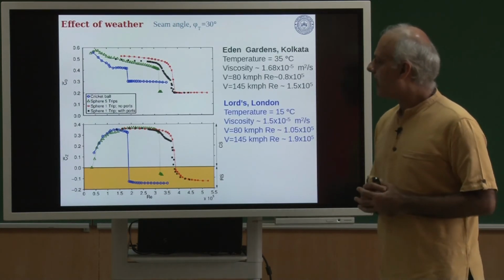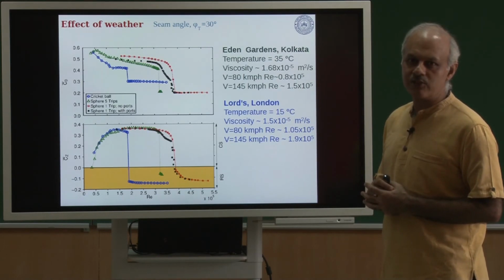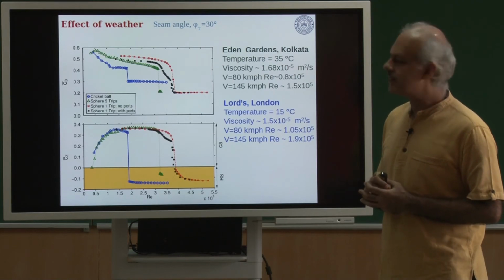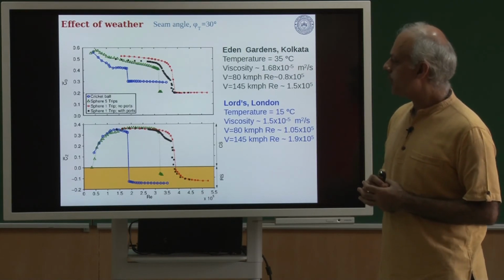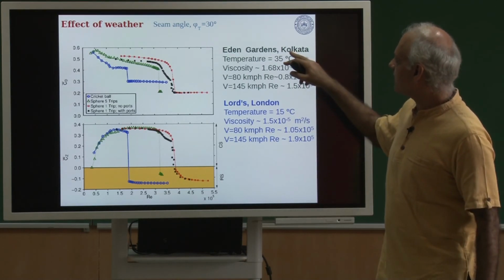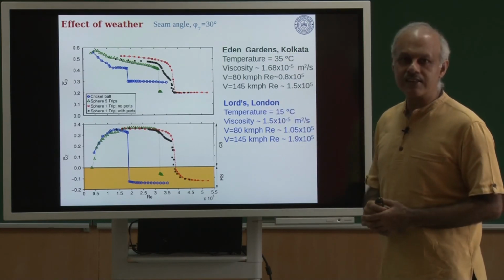So I want to bring your attention to the effect of weather, to explain the phenomenology for how a bowler would interpret these curves. So imagine I am a bowler who is going to do my activity either in Eden Gardens or in Lord's, London.